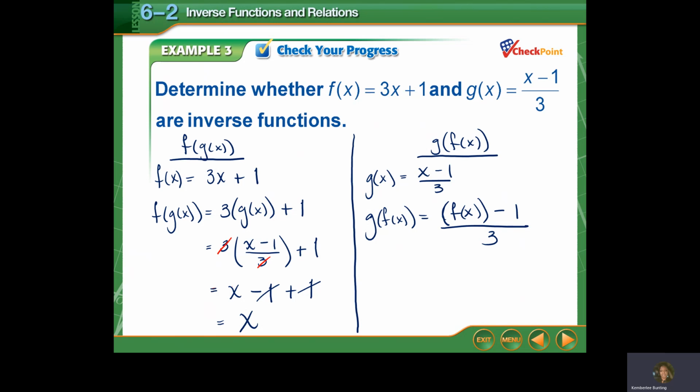See if y'all can take it the rest of the way. Is f of x equal to anything? Is f of x equal to anything? Using all of this.